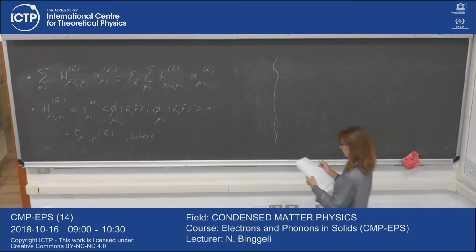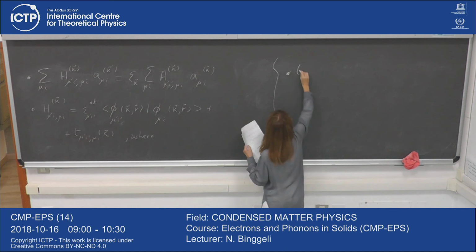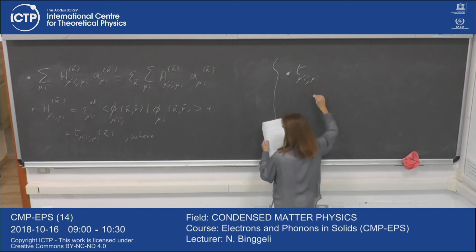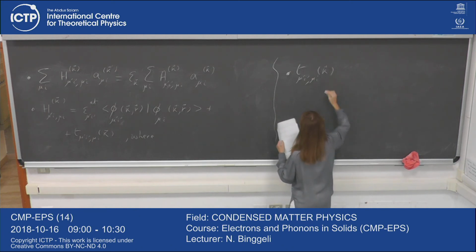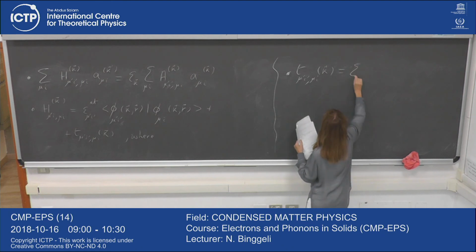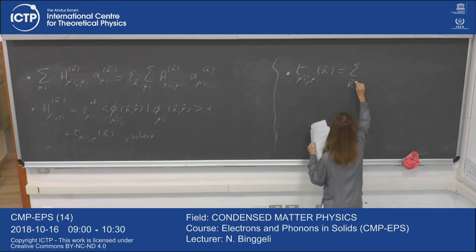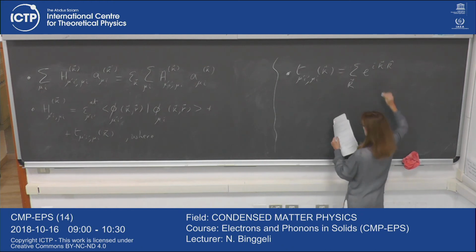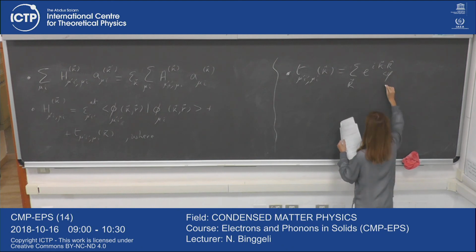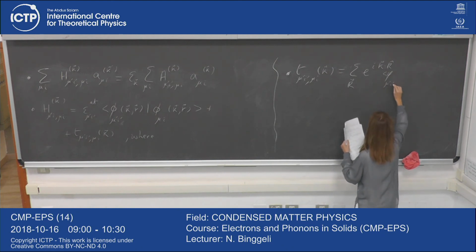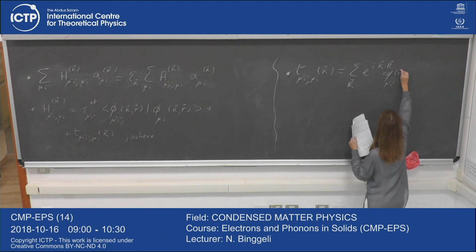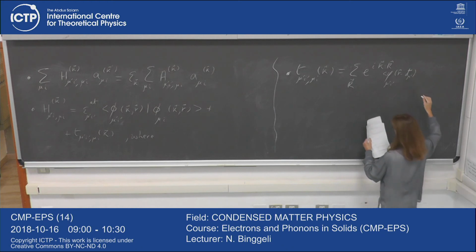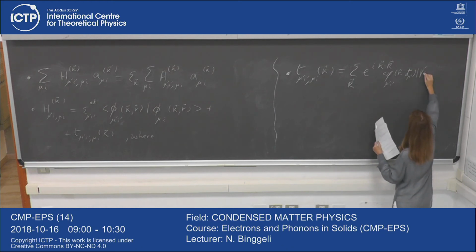So the T mu prime I prime, mu I, also dependent on k, is the sum over the lattice vector R of exponential i k R, and then I have here mu prime I prime of r minus d mu prime, the crystal field.